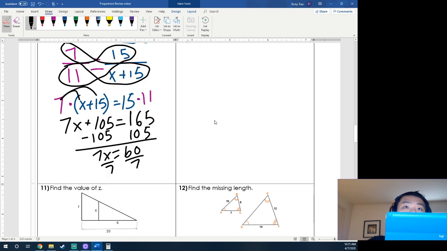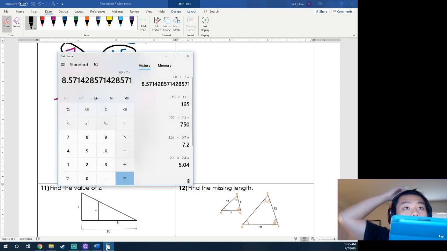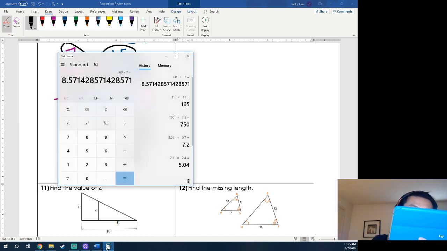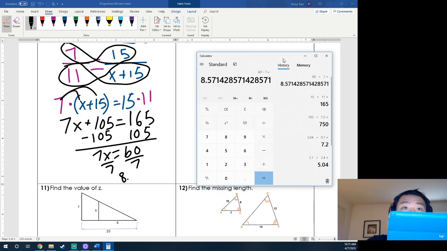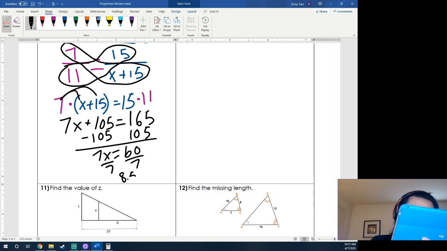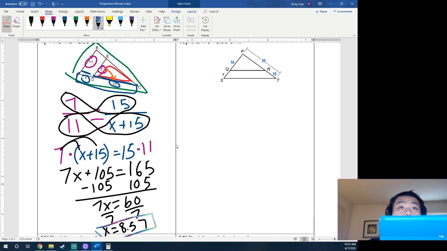Unless I made a mistake somewhere. Let me see. Nope, didn't look like it. 8.57. X equals 8.57. Awesome. Okay, very good.